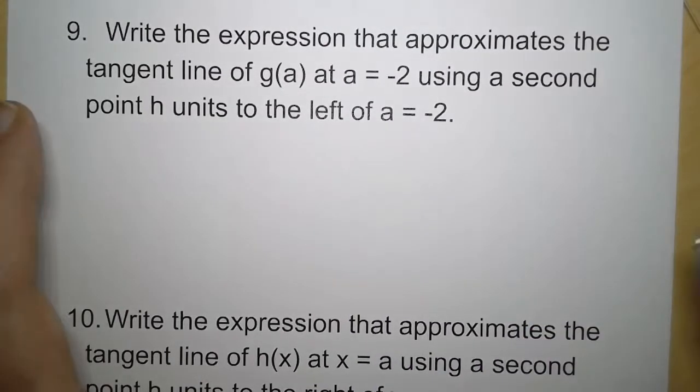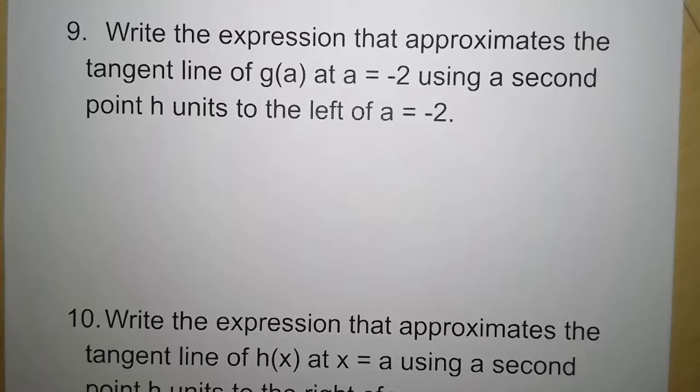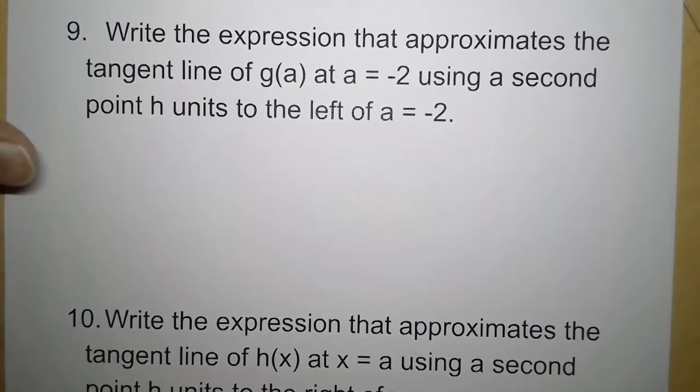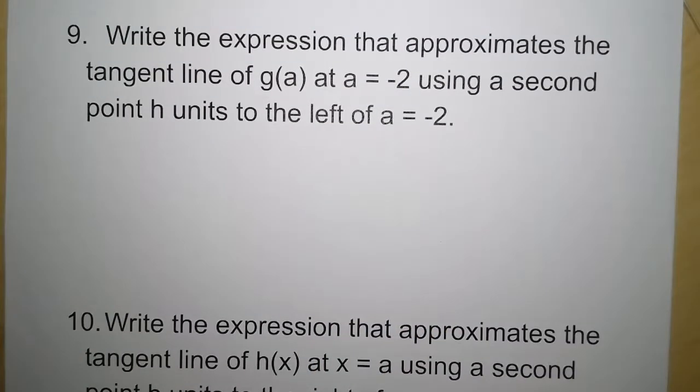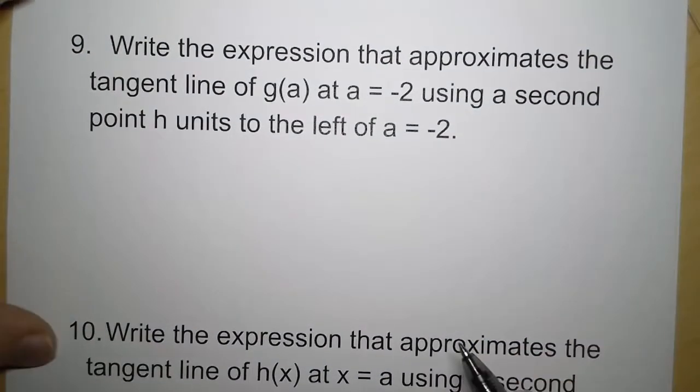Here, now it says we want to use a second point that is h units away. So unlike this entire exercise where I was using 0.1 units, now we're saying it's h units away. All right, well we can do that. Now it says to the left, that means it's less than, so we're going to subtract h.